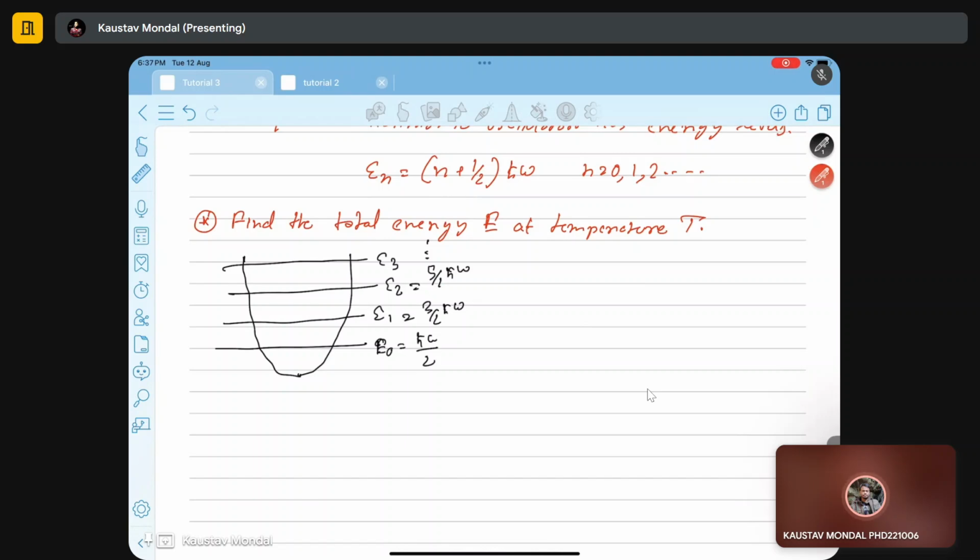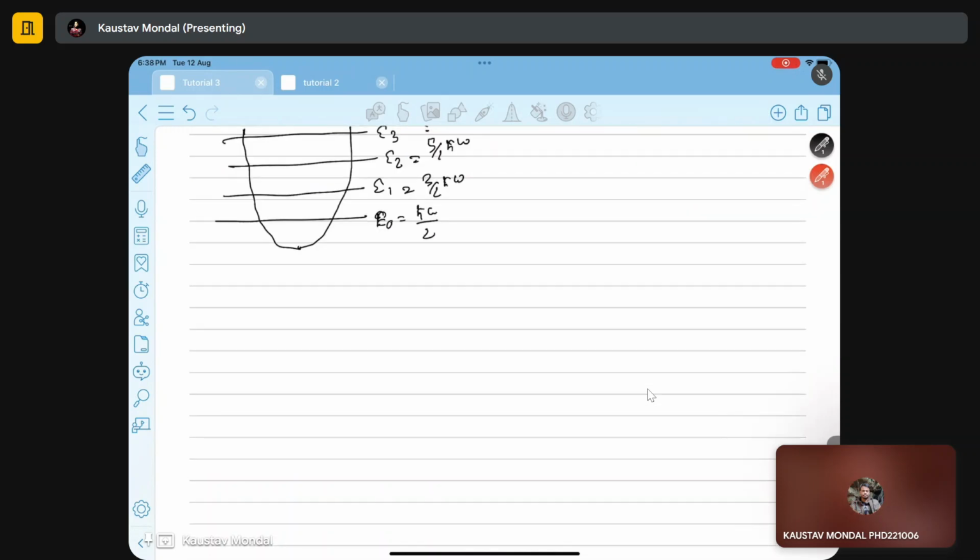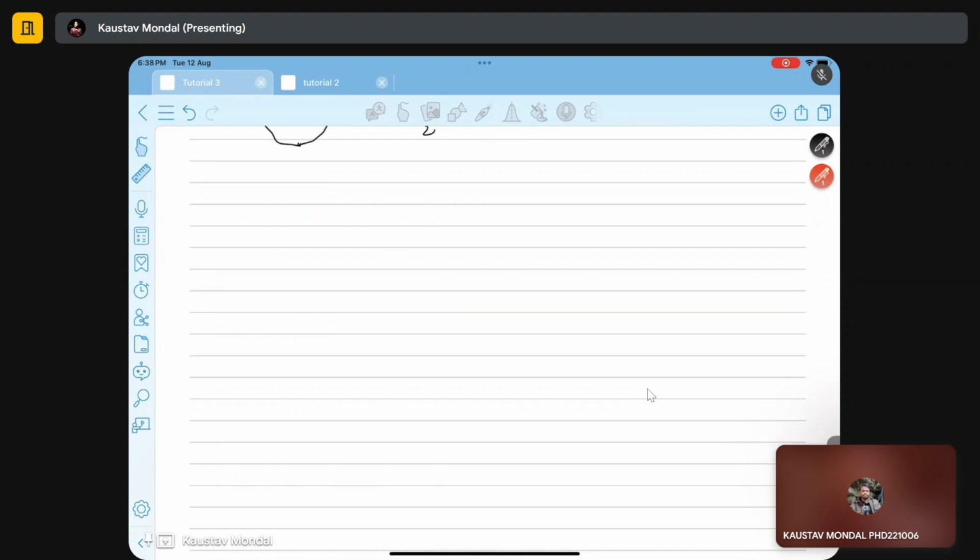So the recipe remains the same. First we need to calculate the partition function of the system. The partition function would be q equal to the sum over n from 0 to infinity of e to the power beta h-bar omega (n plus half).